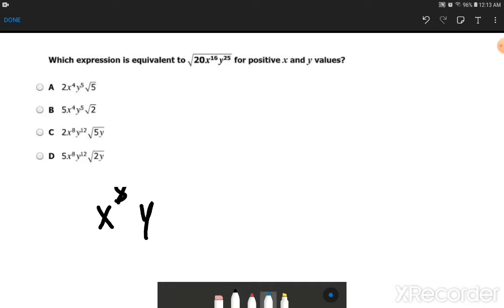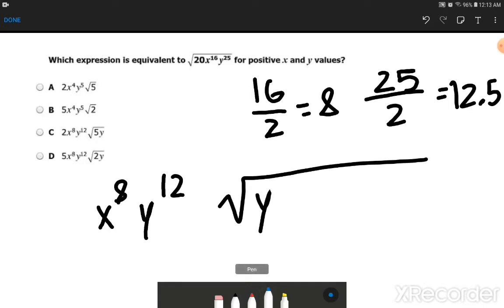Then next we are going to take the square root of the 20, and the way we're going to do that is with the tree method. Let me draw it over here. Square root of 20, we use the tree method. 20 equals 4 times 5, 4 equals 2 times 2. We have our prime numbers left, and we're going to circle the pair.